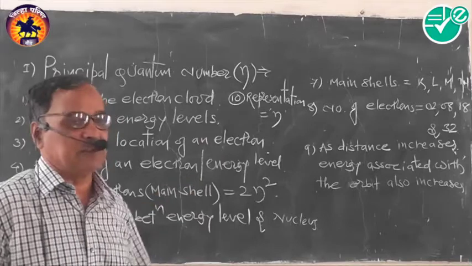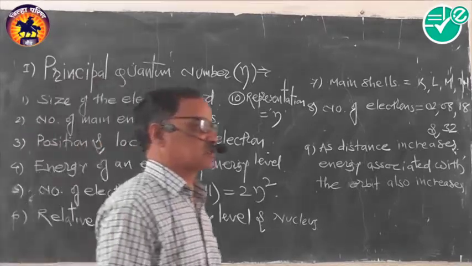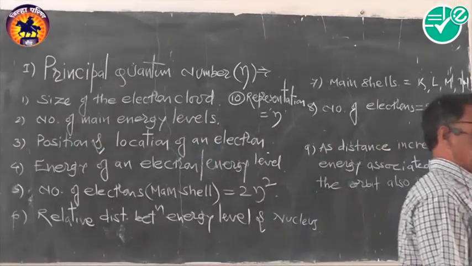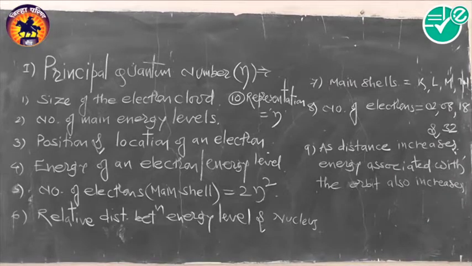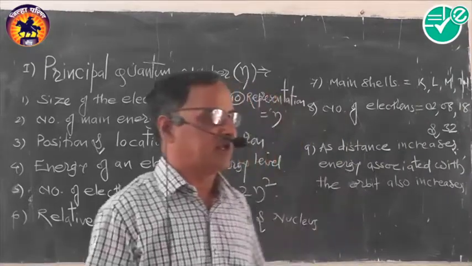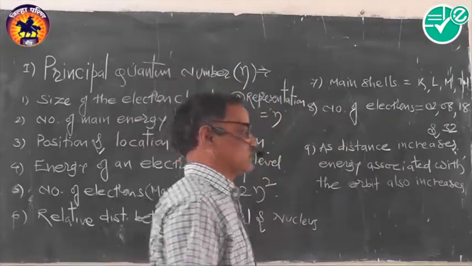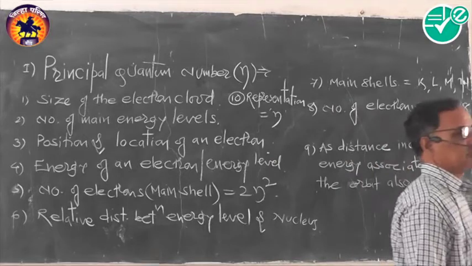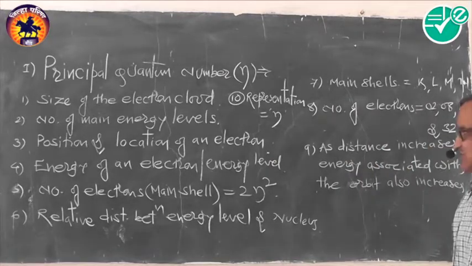The first one is the principal quantum number, denoted by the letter small n. Second, the azimuthal quantum number or orbital quantum number, denoted by the letter small l. Third, the magnetic quantum number, denoted by small m. And the last one, the spin quantum number, denoted by small s.